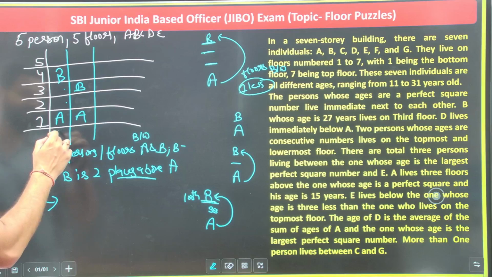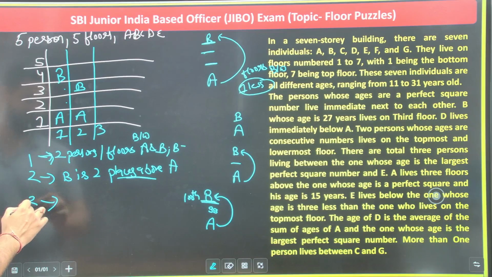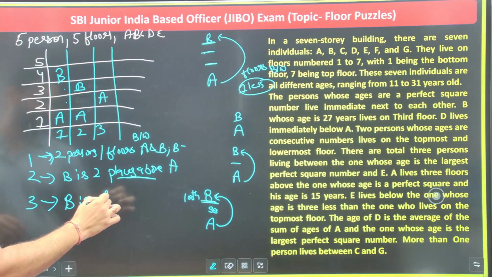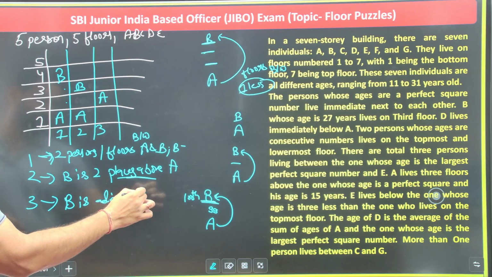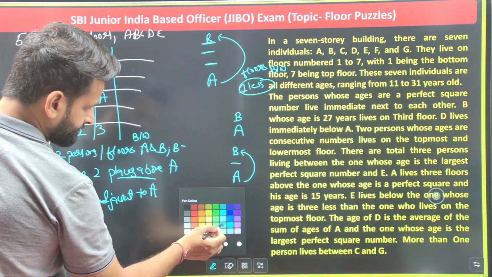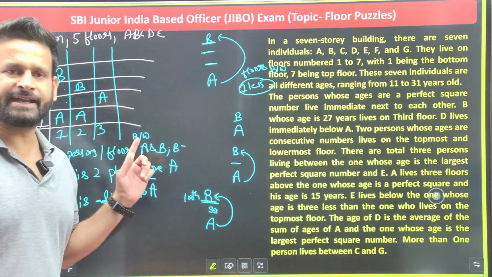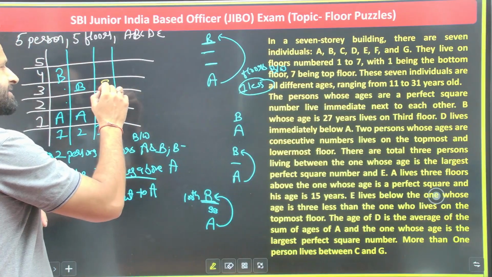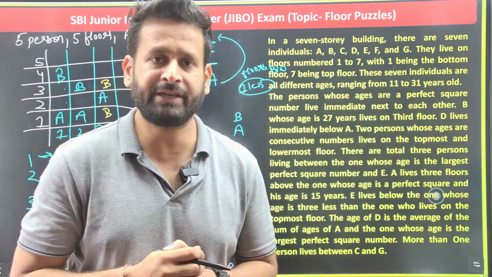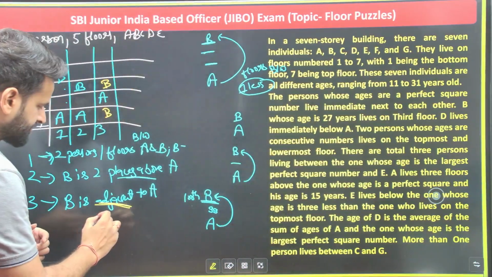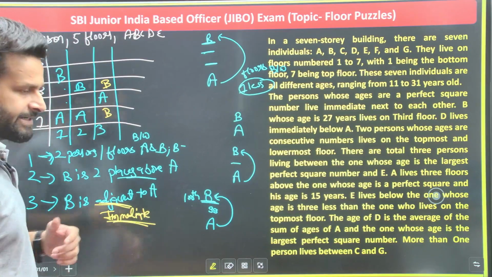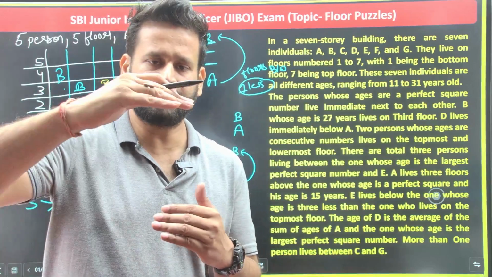Let us suppose third case, numbers 1, 2, and 3. Let us suppose this is A. B is adjacent to A. So either this can be B or this can be B. Adjacent, or I can say B is immediate to A. That means either immediate above or immediate below.